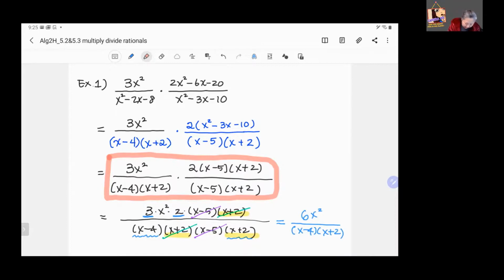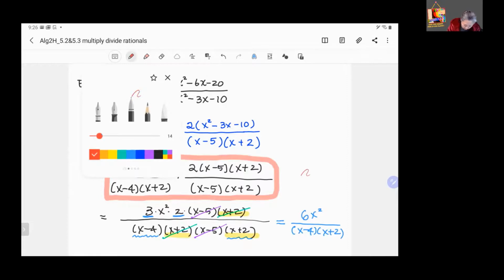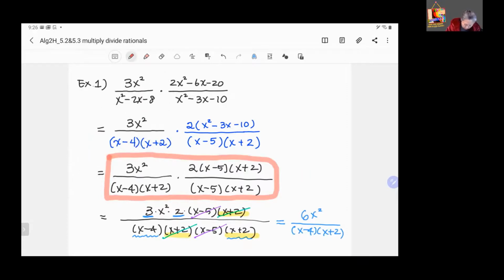So now I have to announce the excluded value. x cannot be what? x cannot be 4 because it's going to make this factor 0, and then it's going to make the whole denominator 0.